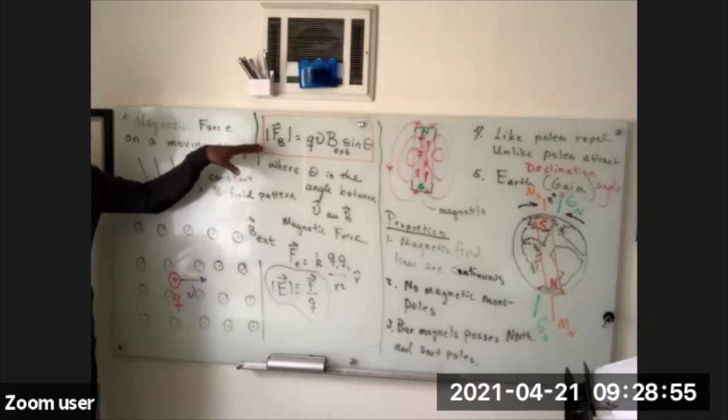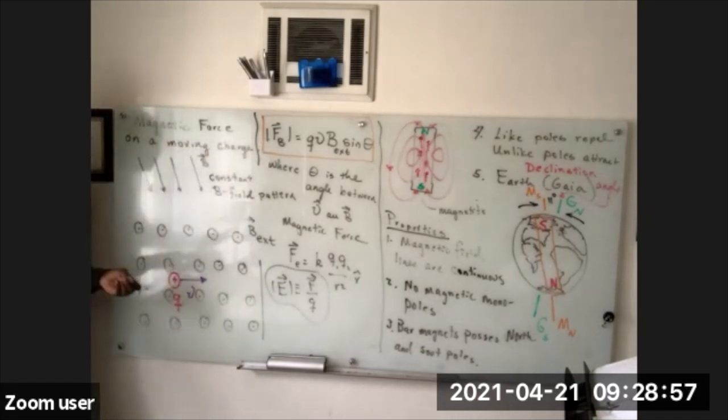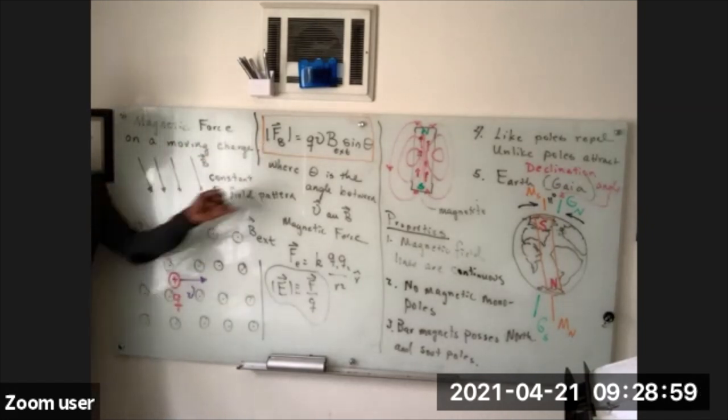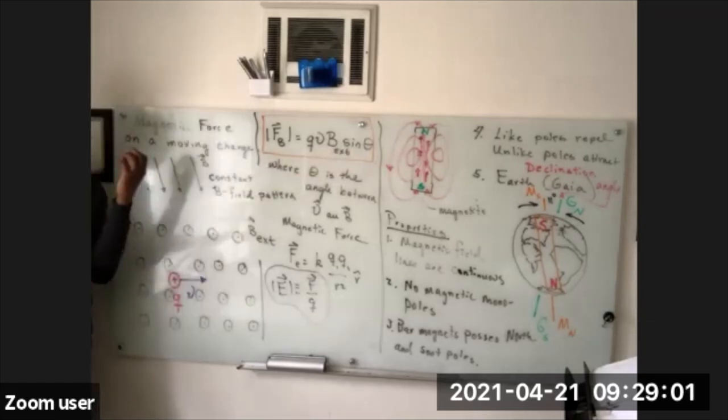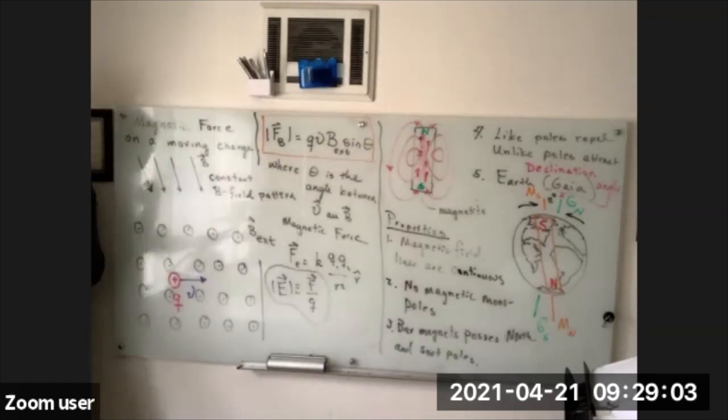Now that we've established what the magnetic force is, we're going to use that to define essentially what a magnetic field is. That's technically where the definition of a magnetic field comes from. But it's a little bit more complicated, obviously.